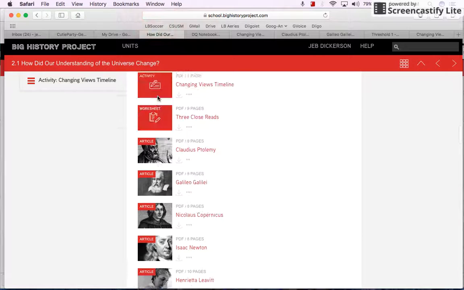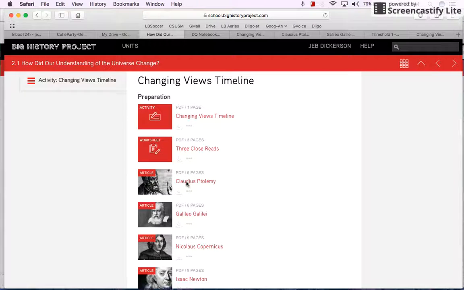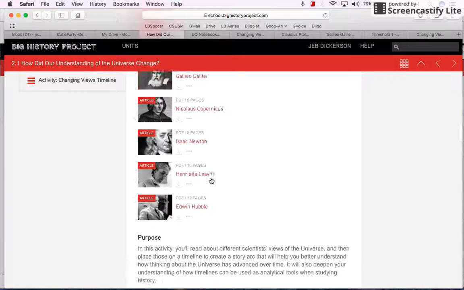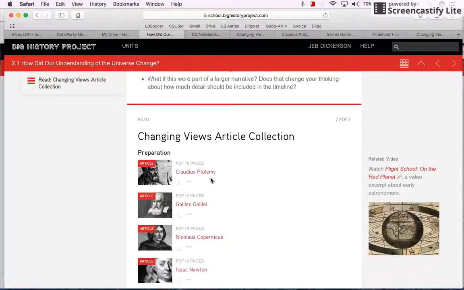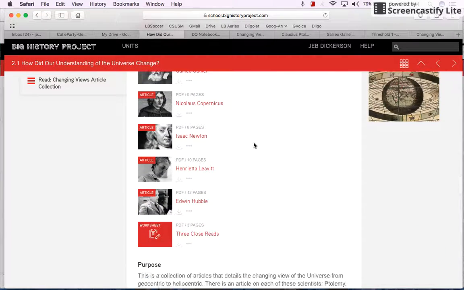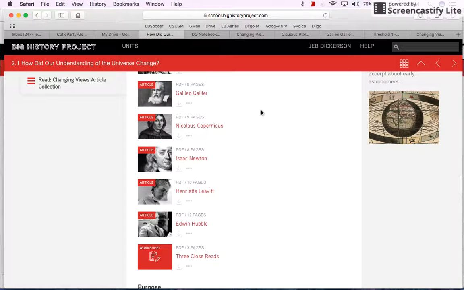I don't really know why they've chosen to include all the texts here under this Changing Views timeline and put them in the next one as well. Changing Views article collection. These are all the same exact articles, so I don't want you to think there's more articles here.